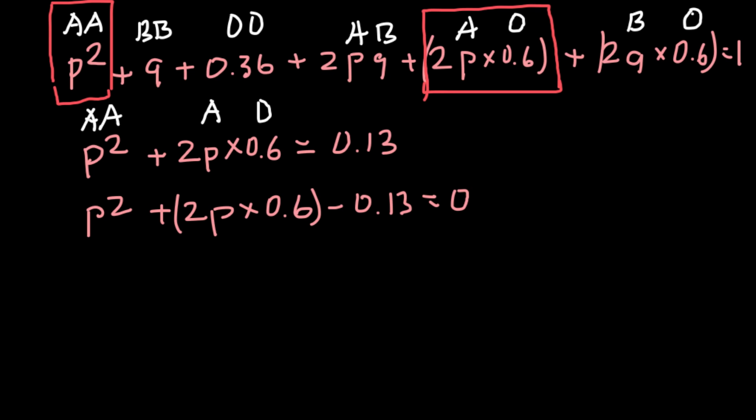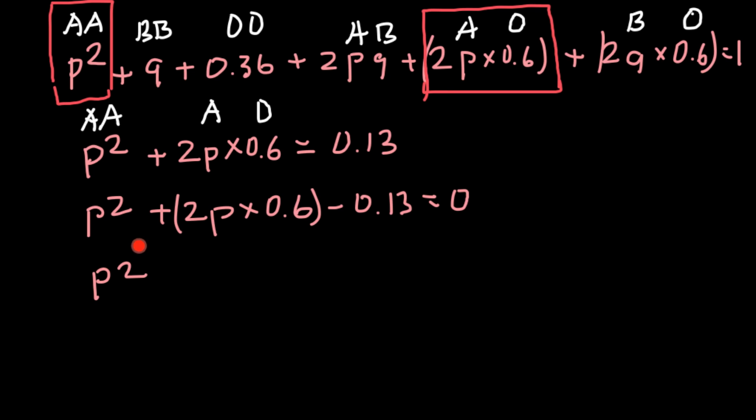If we deduct 0.13 from the left side, we have to deduct this number from the right side. So on the right side we are going to get 0, and this is what we are going to get on the left side.